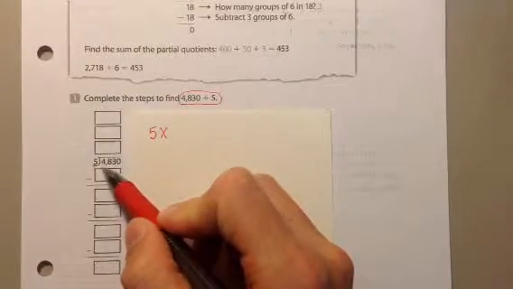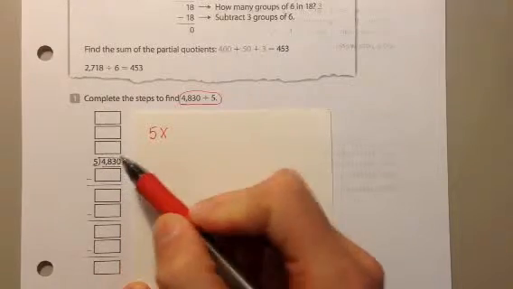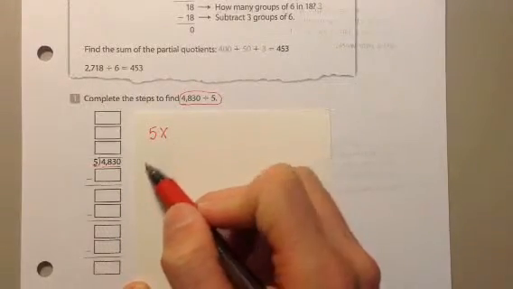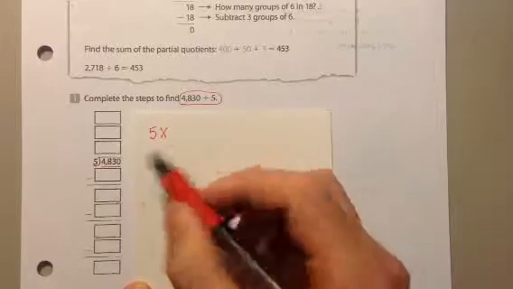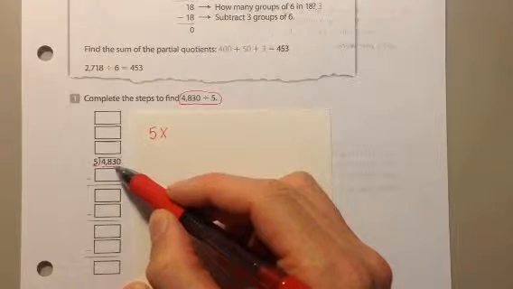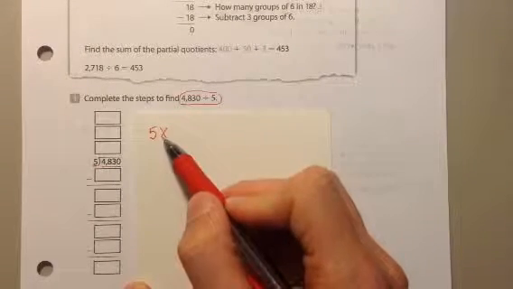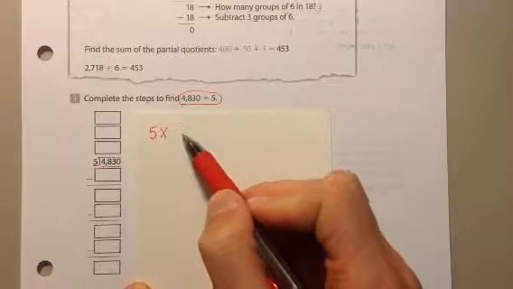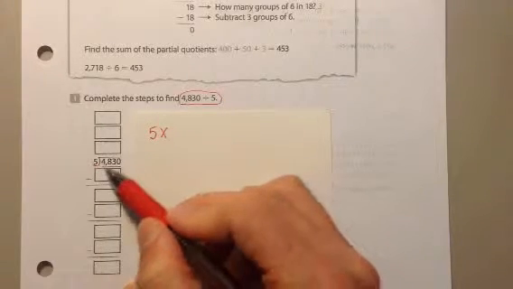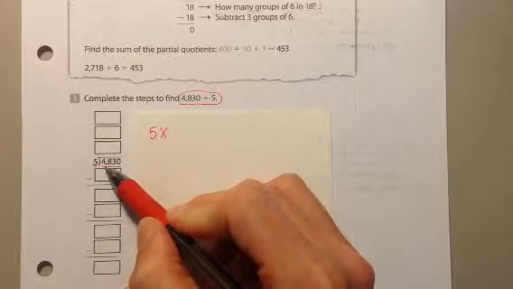Since my dividend is in the thousands, it wouldn't be wise to start with 5 times 10, 5 times 20, 5 times 30, 5 times 40, because it would take quite some time to get into the thousands. So I'm going to start with multiplying 5 times 100 or 200 or 300 or 400, I'm not sure yet, because I want to get as close to 4,830 without going over.